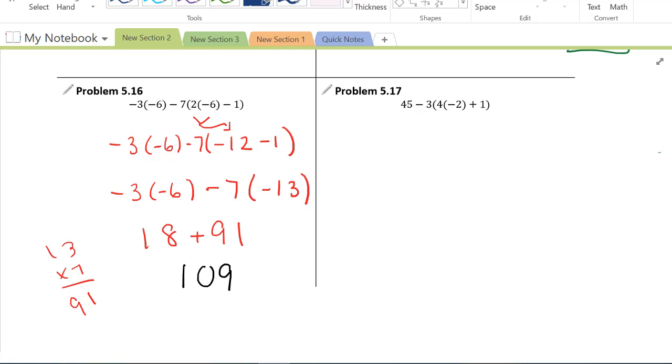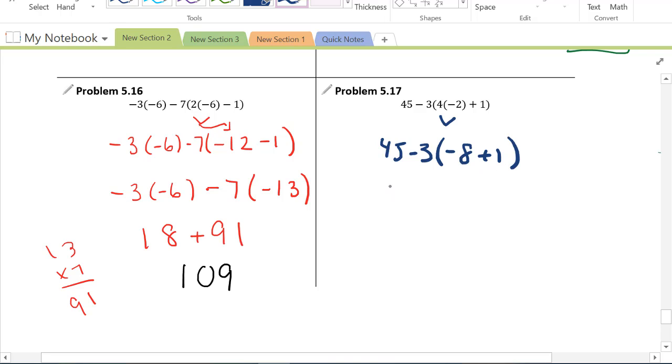So the last one, we have this big set of parentheses. We're supposed to do the little parentheses, and we can't do anything, so we're going to look outside the big parentheses. So first, let's do these two guys. So we're going to get 45 minus 3 times negative 8 plus 1. And then we're going to finish up that parentheses.